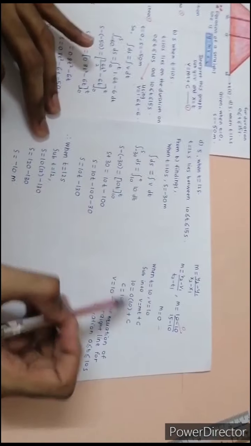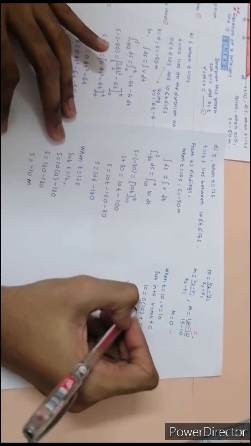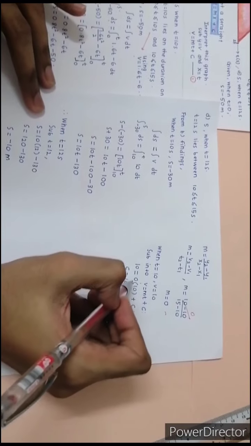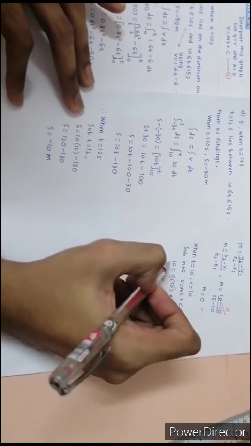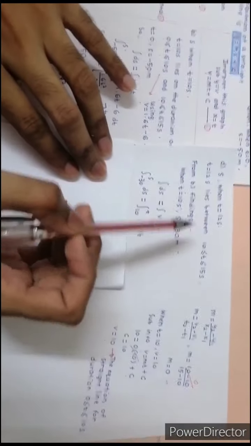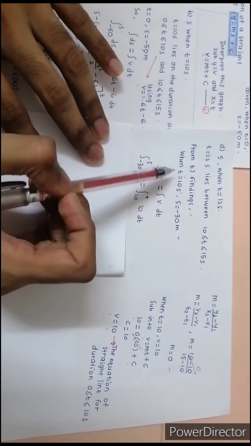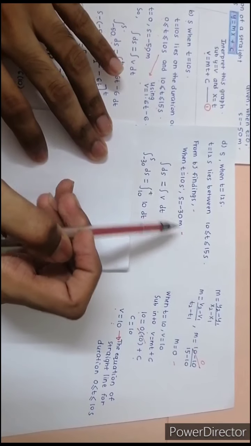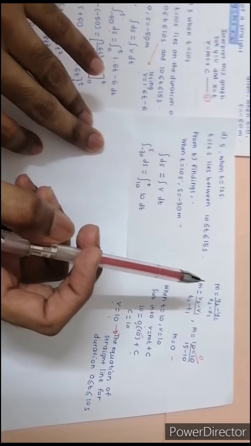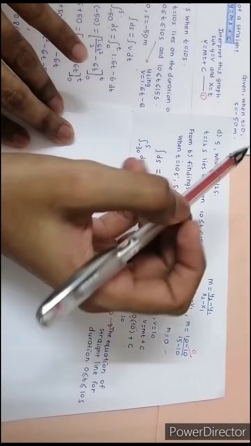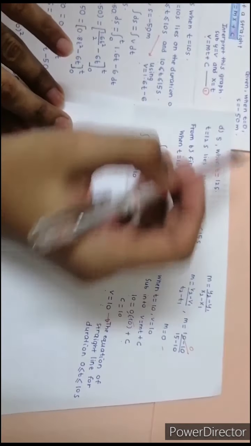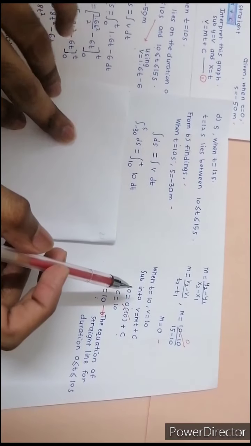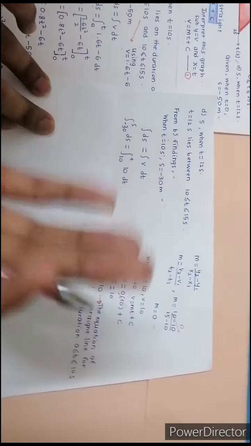When we substitute the gradient equals 0 into the formula v equals mt plus c, therefore c equals 10. From the finding we got from B, when t equals 10 seconds, s, which is the displacement, equals negative 30 meters. So we need to find the displacement from the velocity that we found, which equals 10, so we need to integrate.